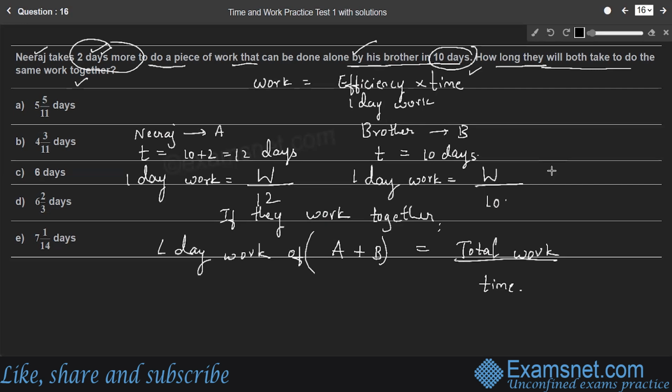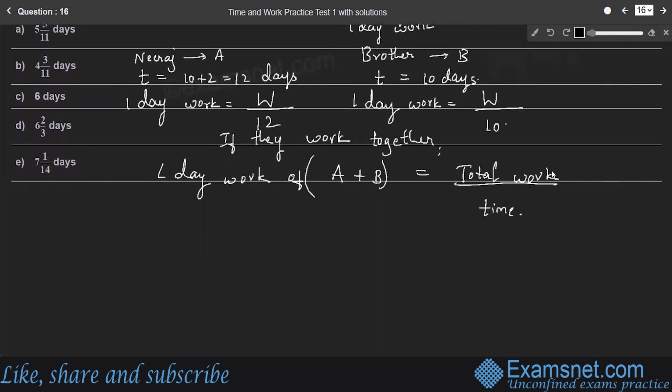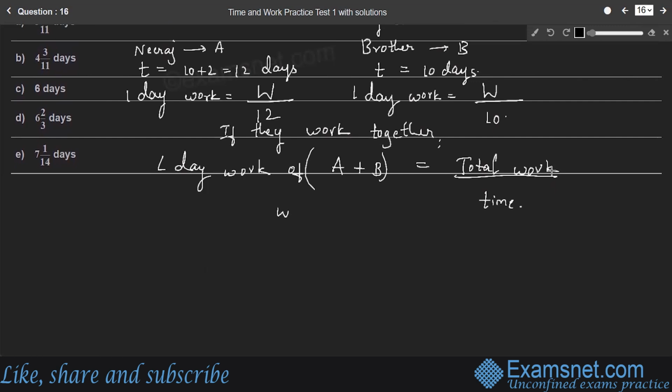So what is 1 day work of A plus B? 1 day work of A is W by 12 and his brother's 1 day work is W by 10, which is equal to total work W divided by time. Let it be T. We need to find the value of time here. Simplify it. Here LCM is 60, numerator becomes 12 into 5 is 60 plus 10 into 6.